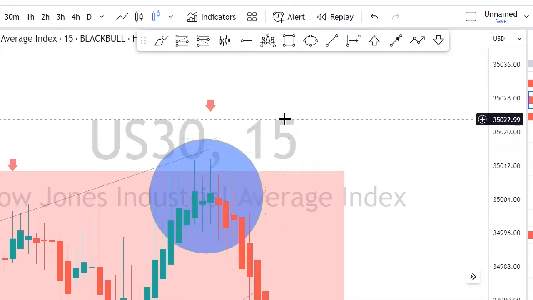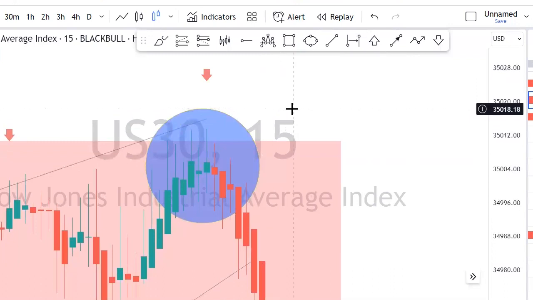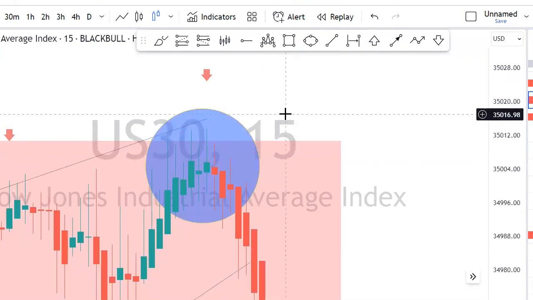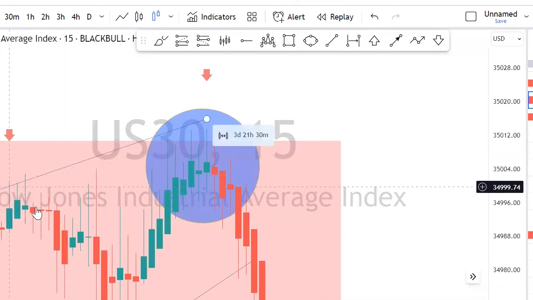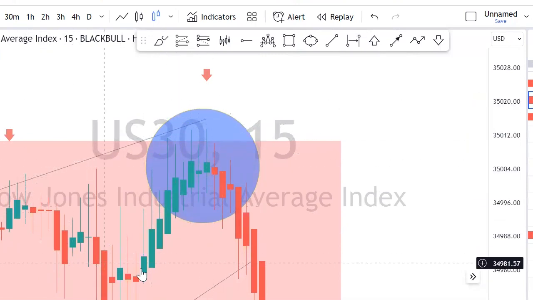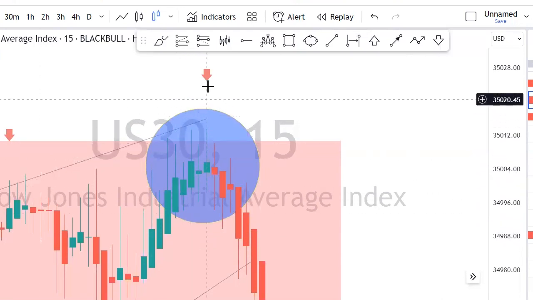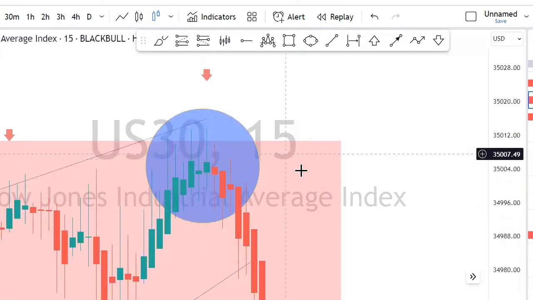You have enough confirmation. First, you had the price respecting your high, okay, and then you had the trend line, which was the second confirmation, and then you had your price getting to your third touch of your main structure correctively, giving you a 1, 2, 3 touch formation as well.